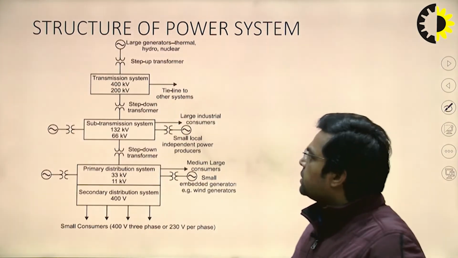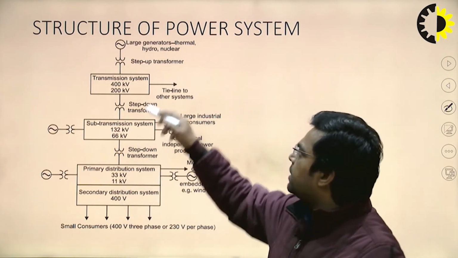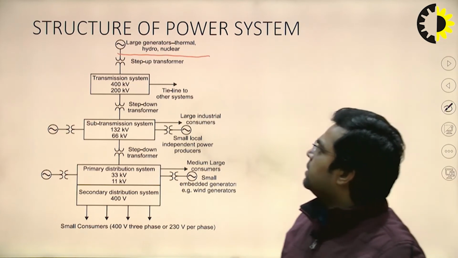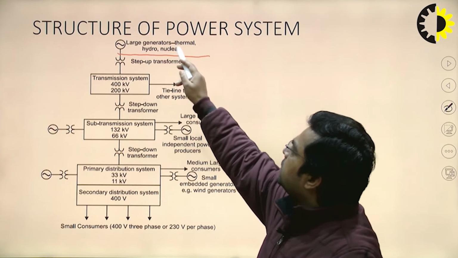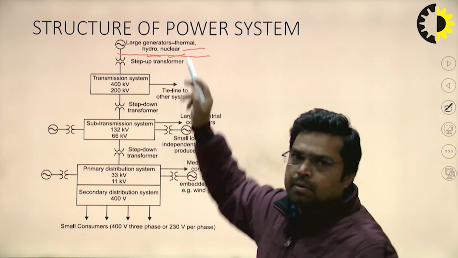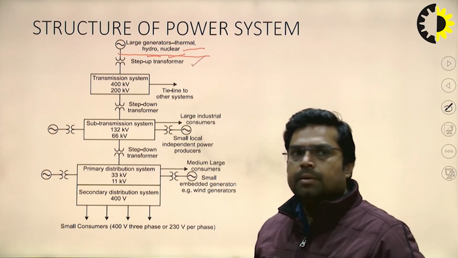So this structure of the power system is drawn in this diagram. You can see that on the generation side, the generating source can be anything, like a large generator. It can be a thermal power plant, hydro power plant, or nuclear power plant. It may be a renewable kind of power plant or a non-renewable kind.